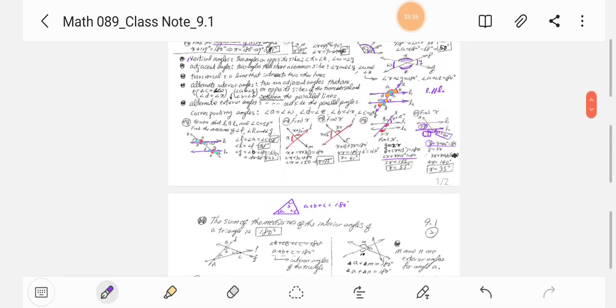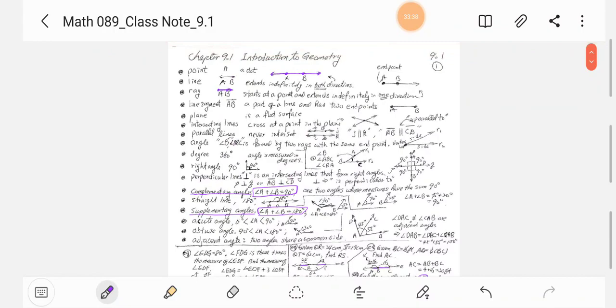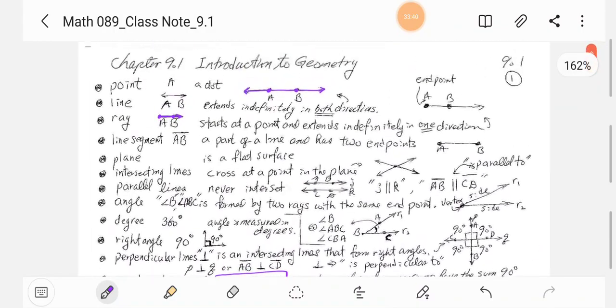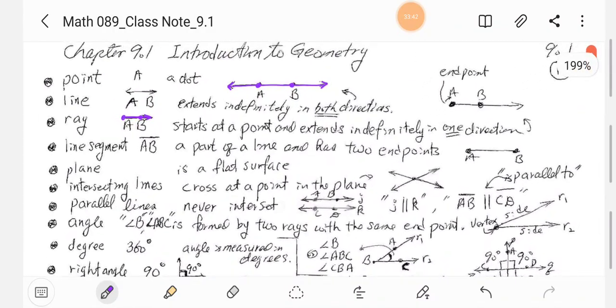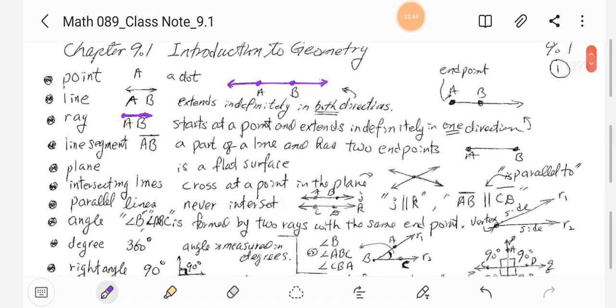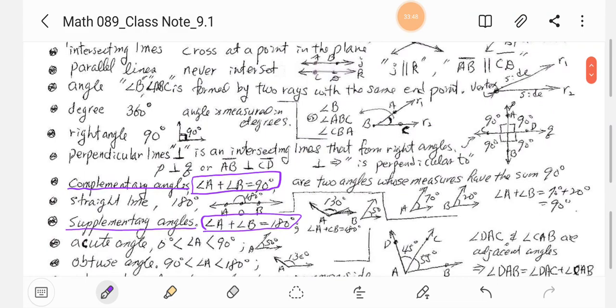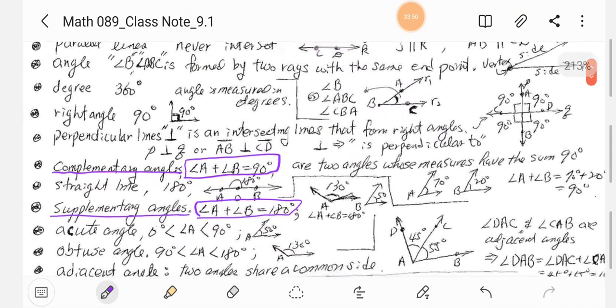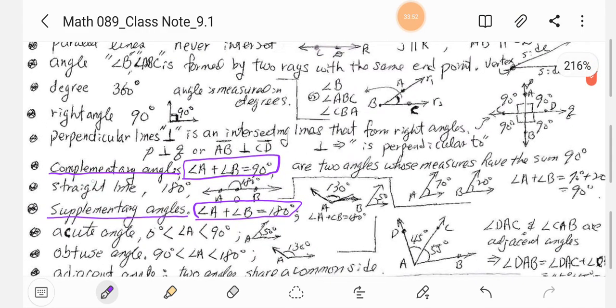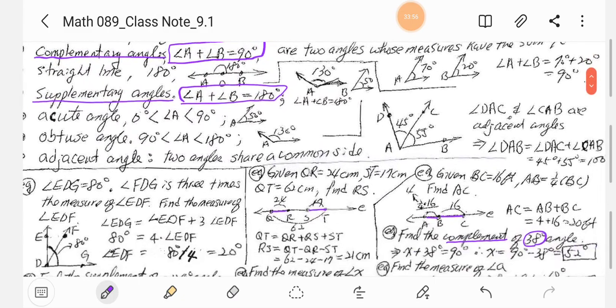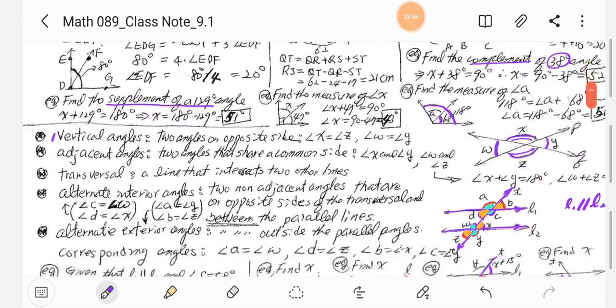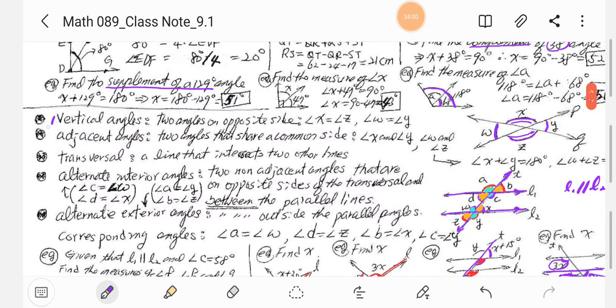Okay, so this section is actually not hard. So please understand some geometric definitions, and make sure to memorize these complementary angles and supplementary angles. And also here is vertical angles. This is really important.